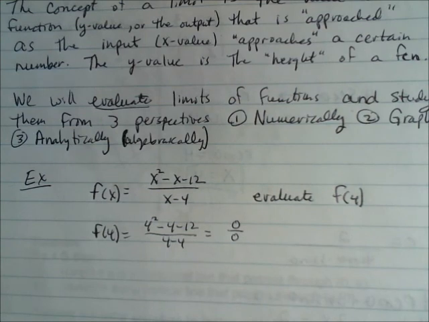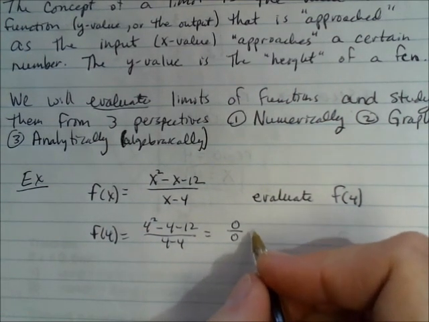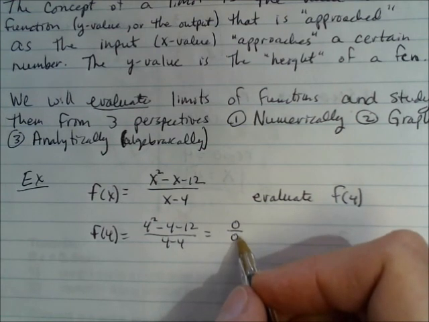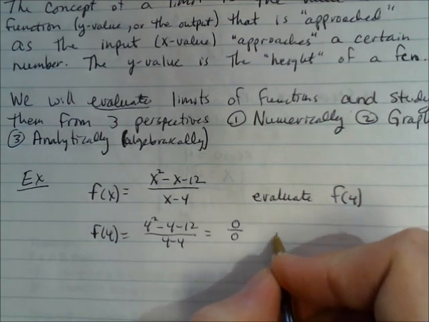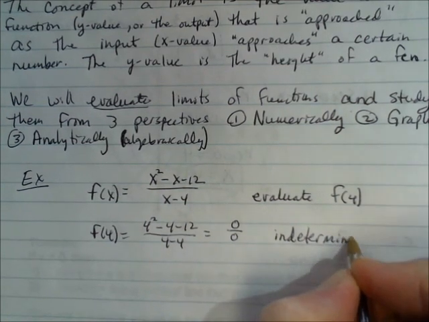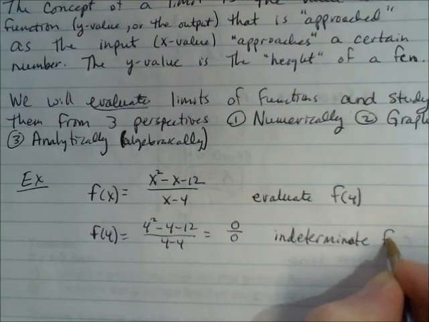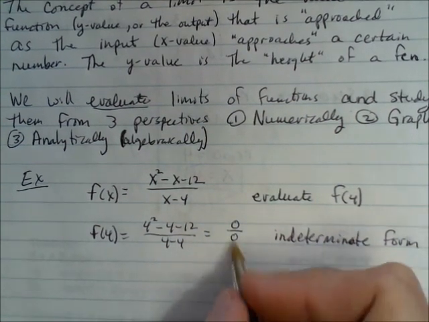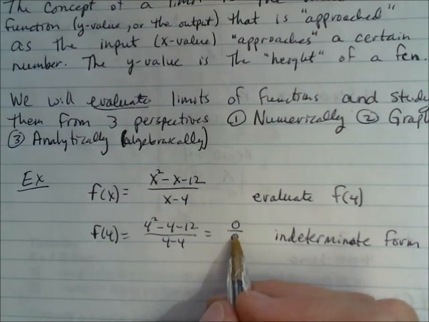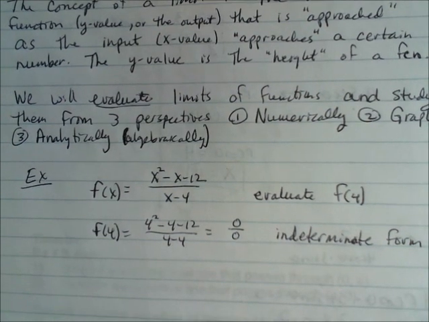And 0 over 0 is called an indeterminate form because you don't know: anything over itself is 1, but 0 over anything is 0, but anything over 0 is infinity. So this is called an indeterminate form. It just means that this is really not the value. You can't determine what that is.